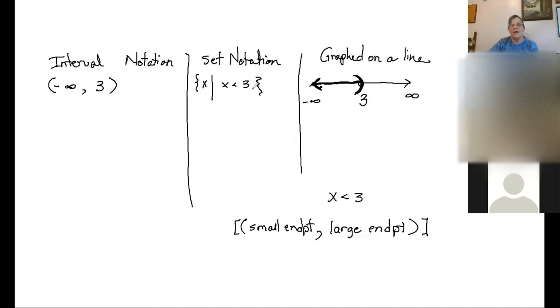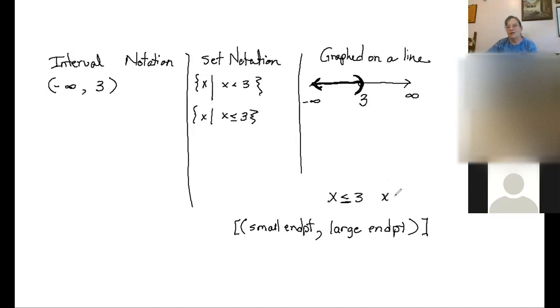We use a bracket when the endpoint itself is included, which would be in a case where it says x is less than or equal to 3. The set of x values such that x is less than or equal to 3 includes the 3.